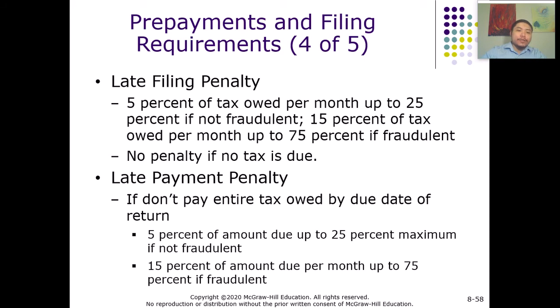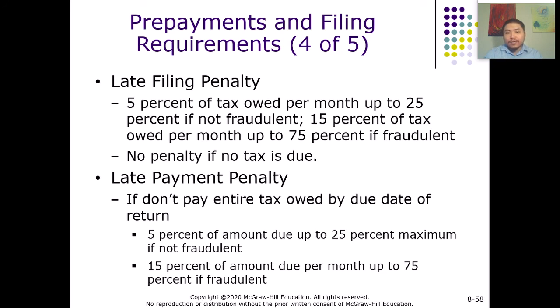For the late payment penalties, as the name suggests, if the taxpayers fail to pay the tax by the due date of the return, then again the penalty is going to be 5% per month on the amount that they fail to pay, up to 25% of the owed amount if the taxpayer is not subject to any fraudulent activities.